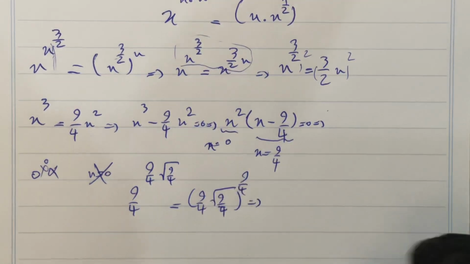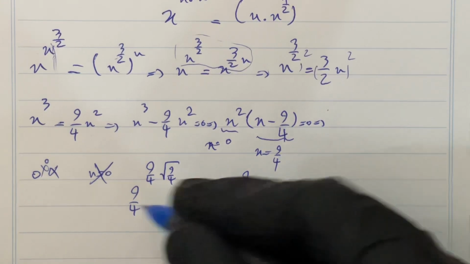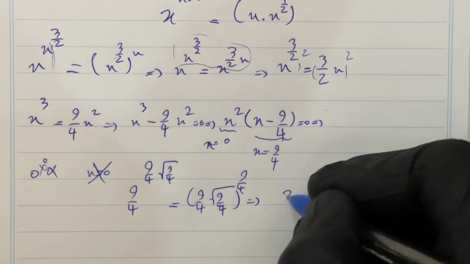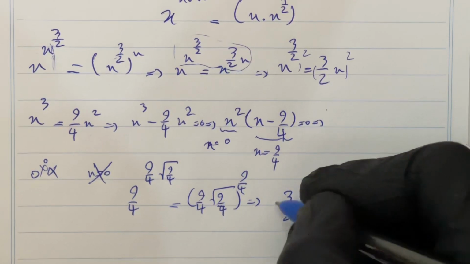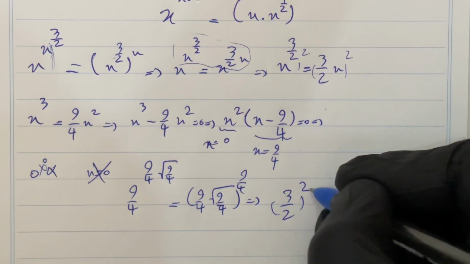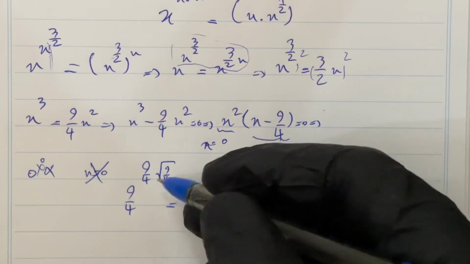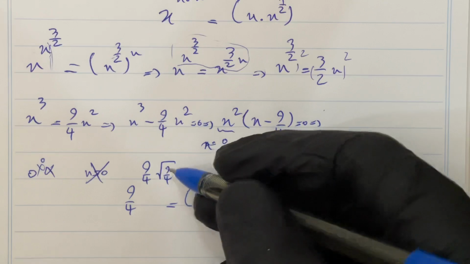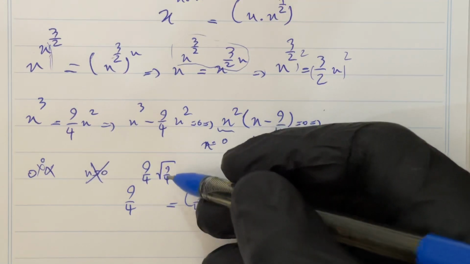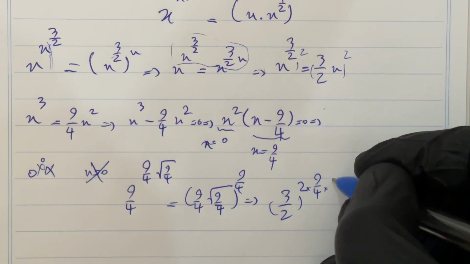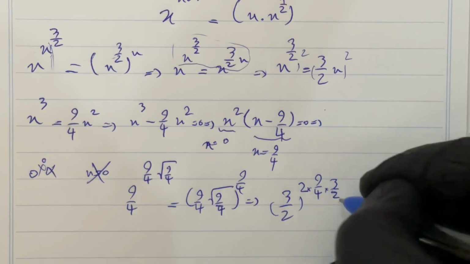Let me quickly simplify this. Here we have 3 over 2 to the power of 2 times 9 over 4, and also the radical of 9 over 4 will be 3 over 2 after getting out of the radical.